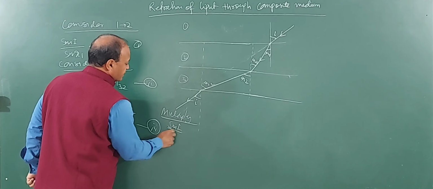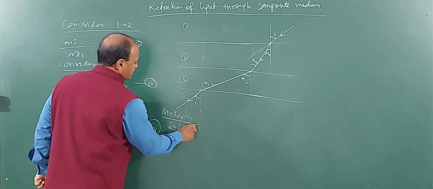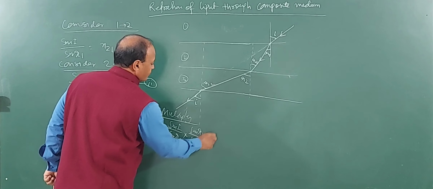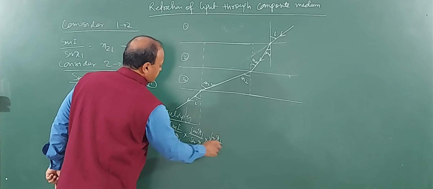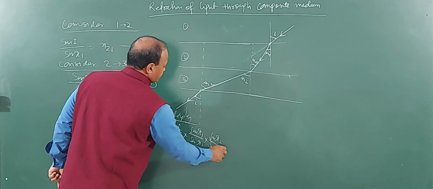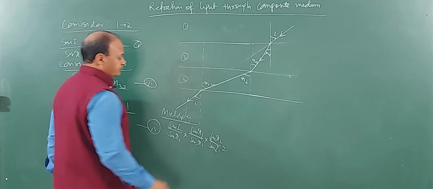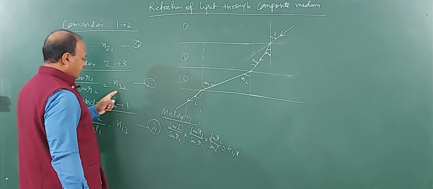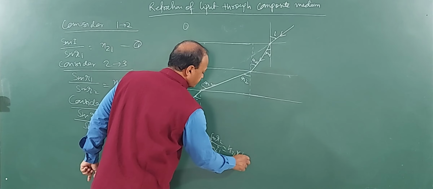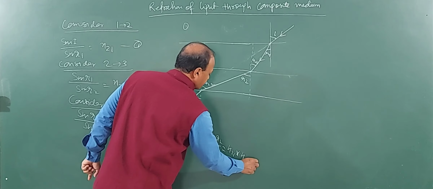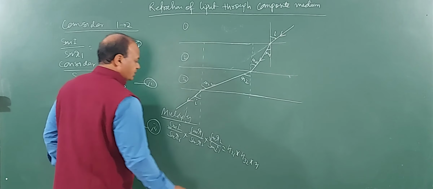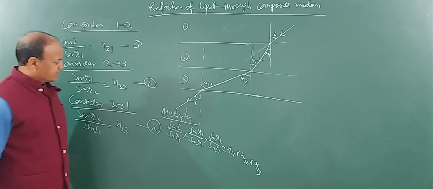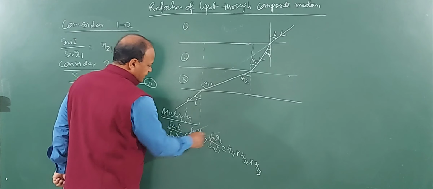Sin of I divided by sin of R1, sin of R1 divided by sin of R2, sin of R2 divided by sin of I, and that will be equal to n21 into n32 into n13. And children, if you study these expressions, you can see all these cancel out.